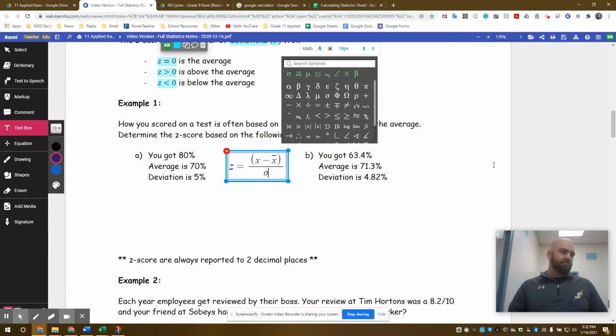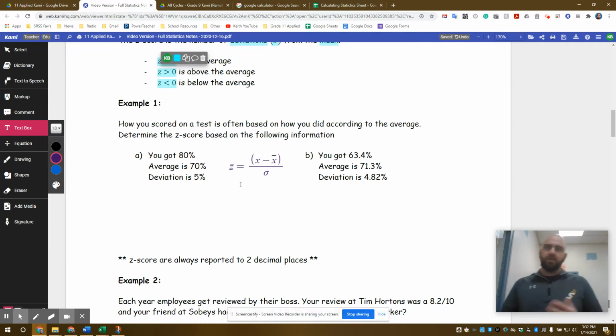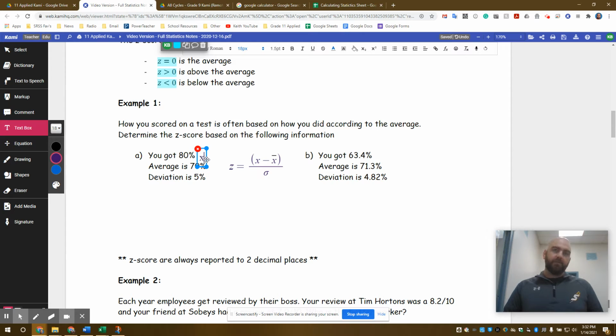I'm just going to put that in the middle because we're going to use it for both, so we might as well, instead of having to write it out a number of times. So there's our formula. Your data point, okay, so it's important to remember here that the data point is X. The average is X bar.